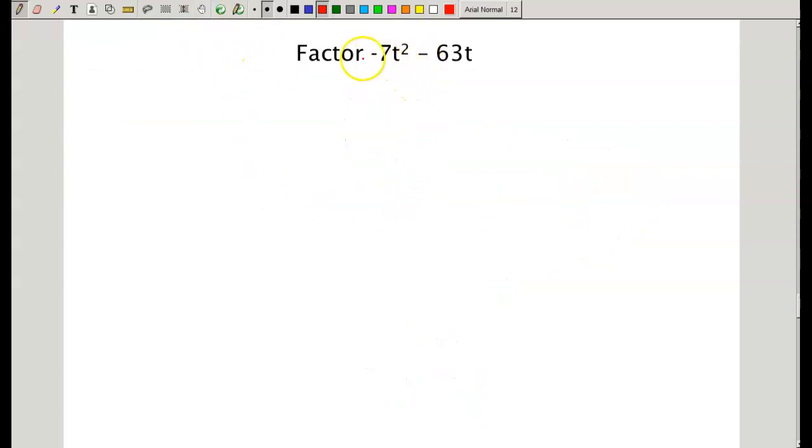All right, let's try another one. So go ahead and let's try this one. Factor negative 7t squared minus 63t. So here's one where we're again going to think about, all right, before I start trying anything, what can I divide everything by? Is there a common factor? And the answer is yes, there's a 7, and there's also a t.